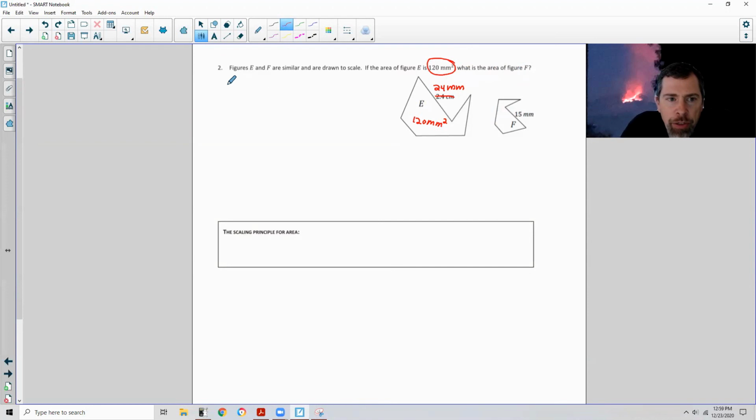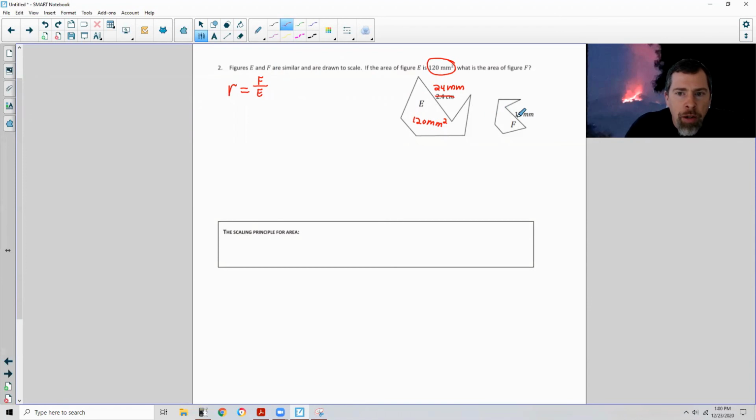Well, the first thing I want to do is find R. And R equals the scale factor from F, the image, to the pre-image. And how do I know which is which? We are scaling down. We want our R to be less than 1. If the numerator is greater than the denominator, then it's a scale up, larger.